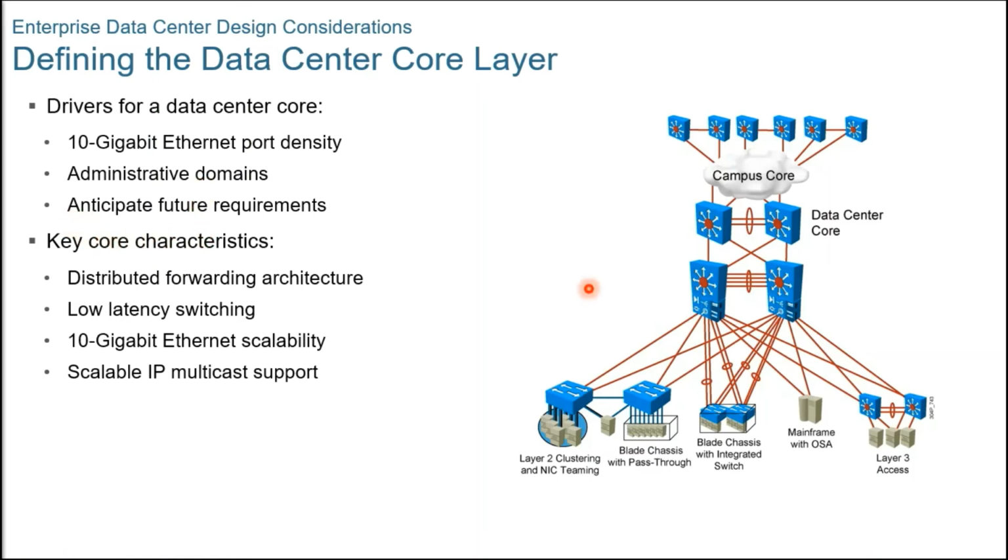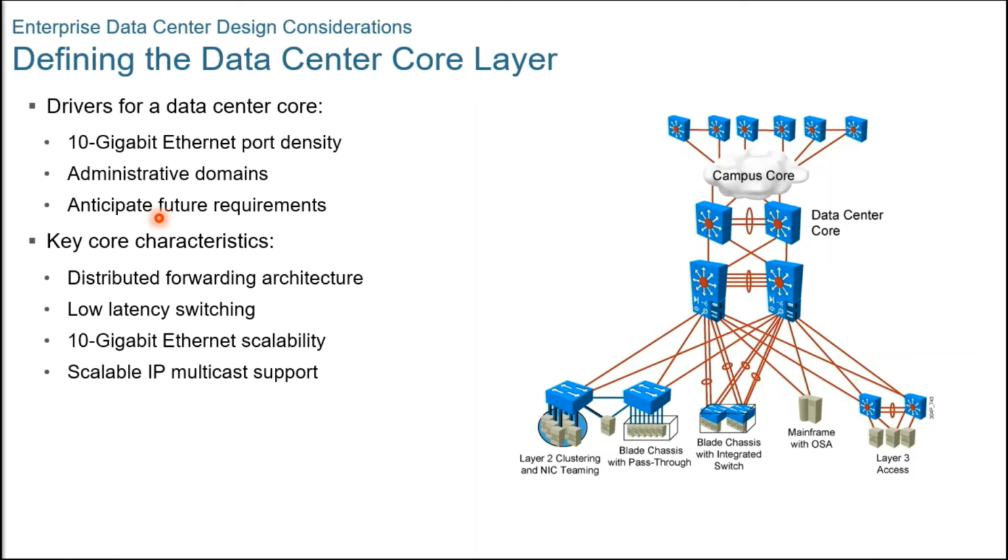Next would be anticipation of future development. The impact that could result from implementing a separate data center core layer at a later date might make it worthwhile to install it at the beginning.